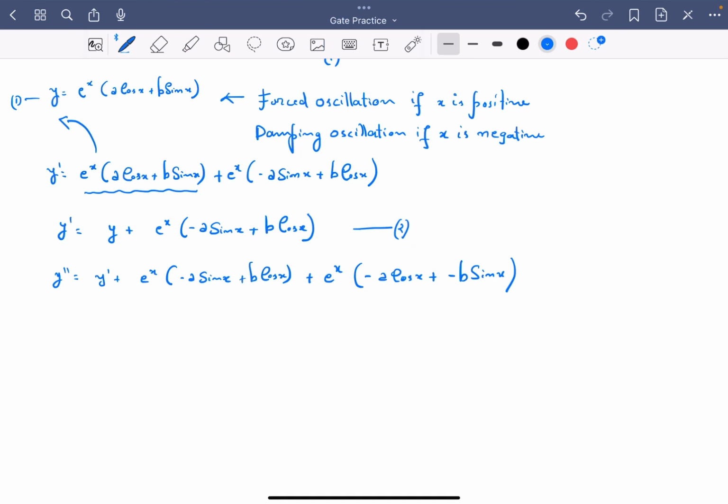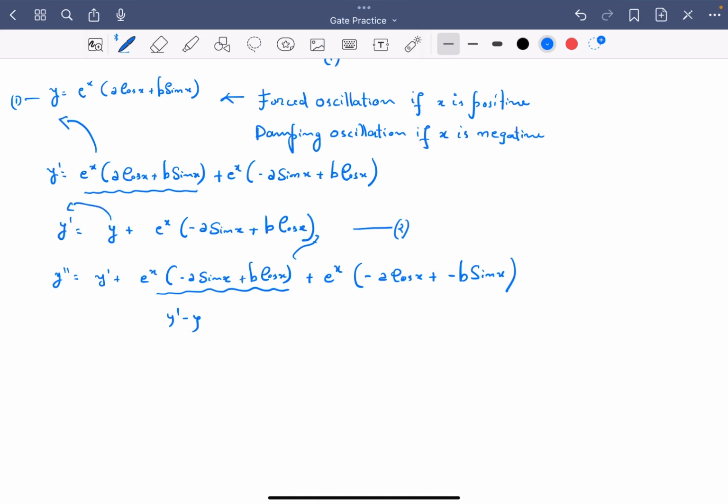Now this is nothing but equal to, if we check from equation 2, this is my equation 2. So from equation 2 this is equal to y dash minus y.